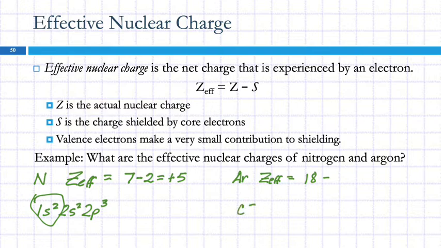So core electrons would be number of electrons minus the valence electrons. So that would be 18 minus 8 would give us 10. 10 core electrons. So this is 18 minus 10, and so that would be a charge of plus 8.